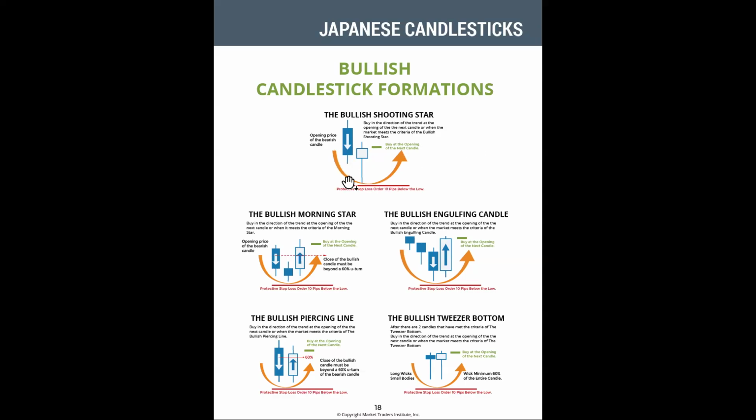Anytime you see a candlestick formation, you need to understand that there's a difference between a candlestick and a candlestick formation or candlestick pattern. They are two different things. The candlestick is just a tool by which the market exists.